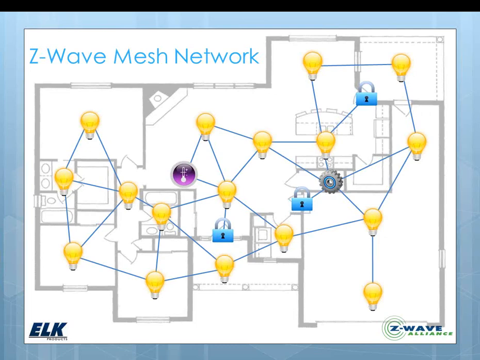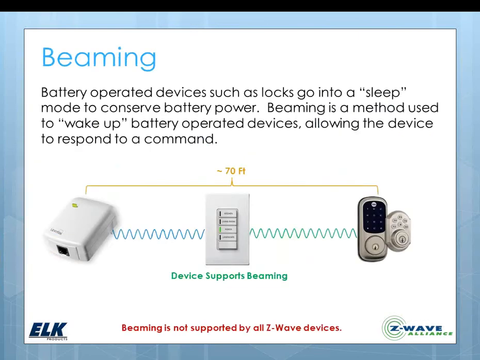An important point in doing Z-Wave or any mesh network is more is better. The more devices you put in, the stronger your mesh, the stronger your communication, and the fewer problems you're likely to run into. Just make sure that you're including devices that are line powered, because battery operated devices do not act as repeaters.